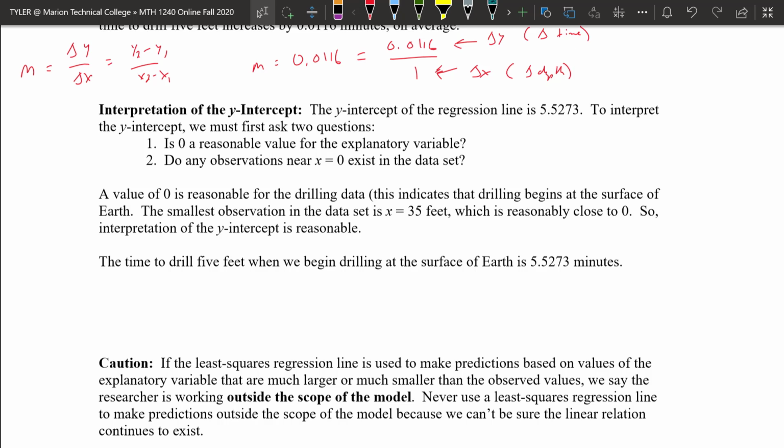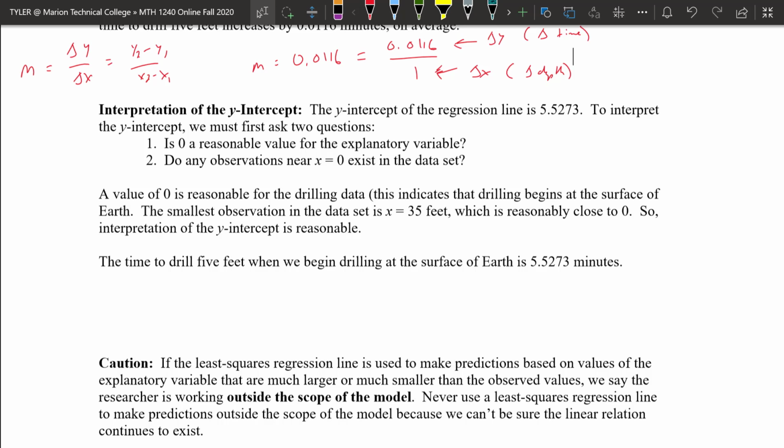If you want to interpret the y-intercept, it happens when your x value is 0. The y-intercept of this regression line was 5.5273. To interpret a y-intercept, we need to ask two questions. One, is 0 a reasonable value for the explanatory variable? In this case the explanatory variable is depth, so would it make sense to have a depth of 0?